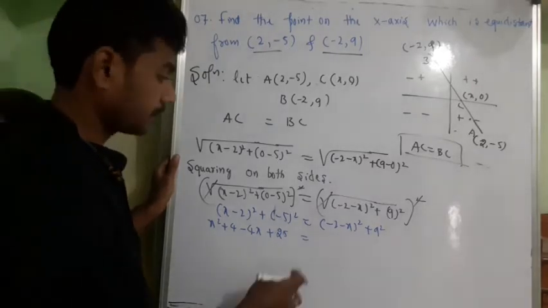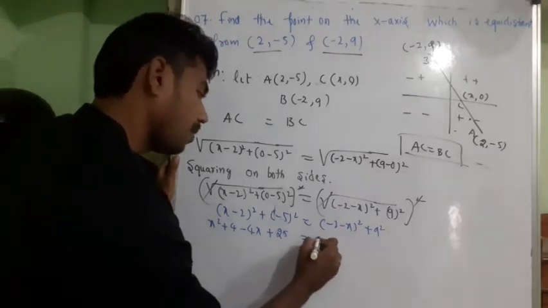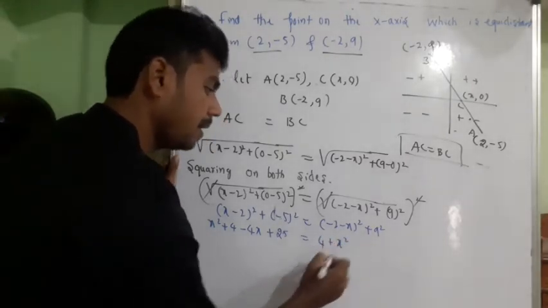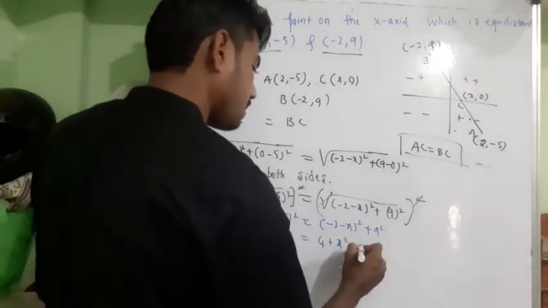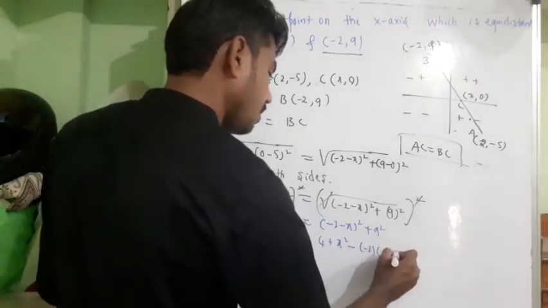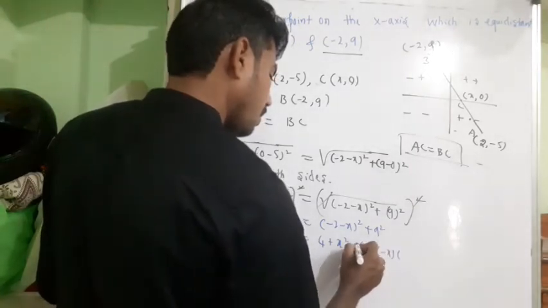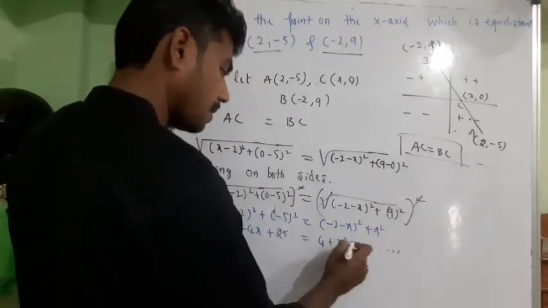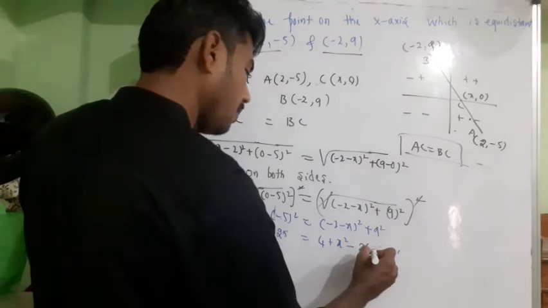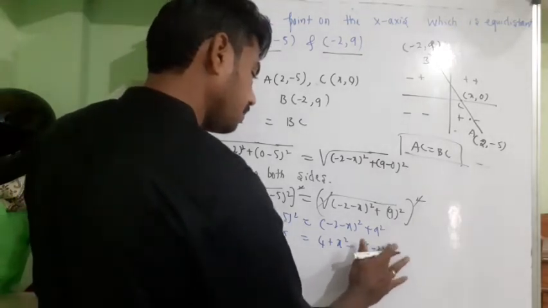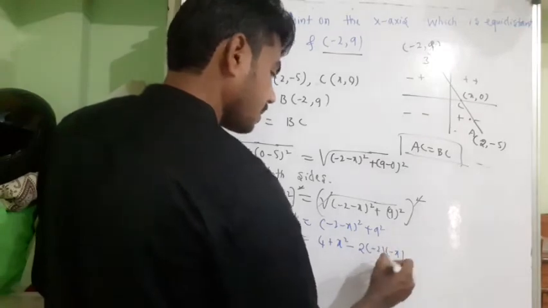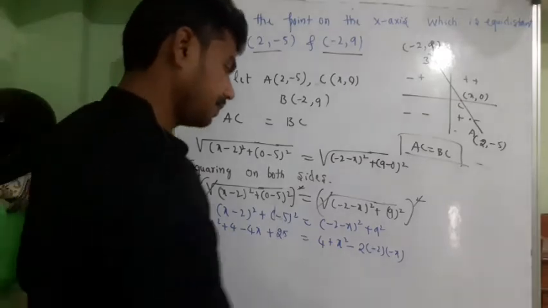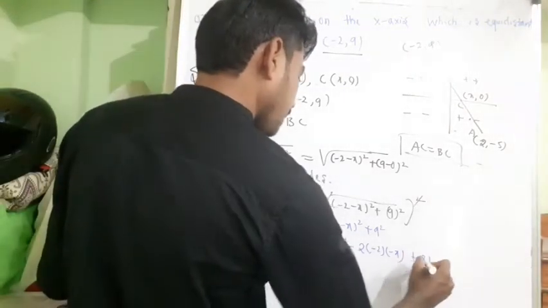Next, (minus 2 minus x) whole square, which is a square plus b square minus 2ab, plus 81.